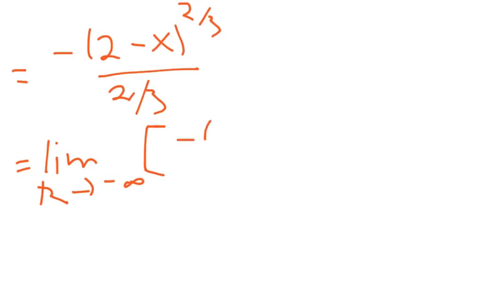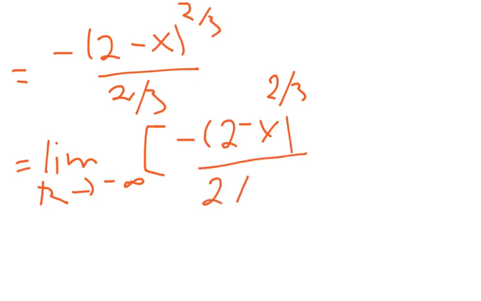So our minus 2 minus x, everything raised to the 2/3, and everything over 2/3, and then we just simply put our r right here, and then our 0 right there. So I would say it's a messy expression to deal with.